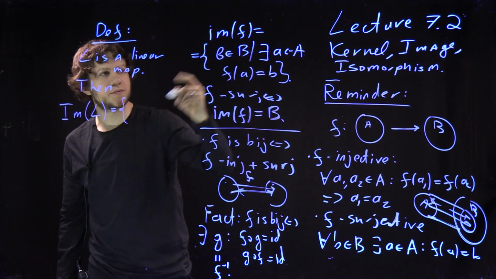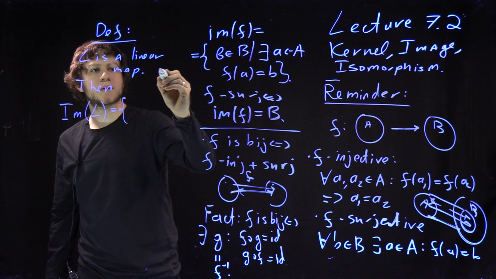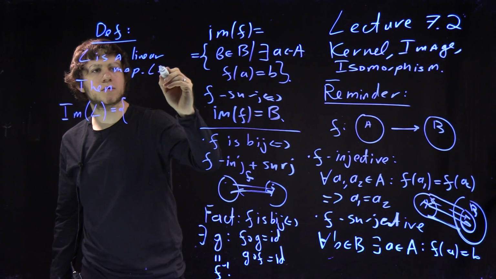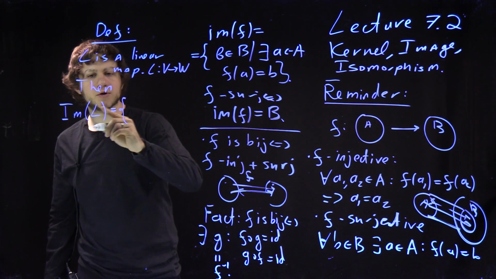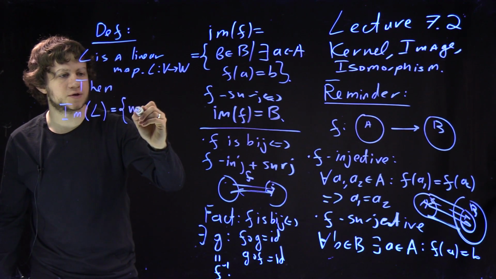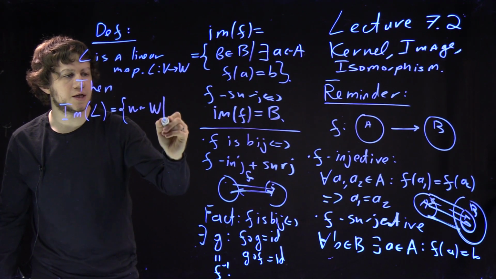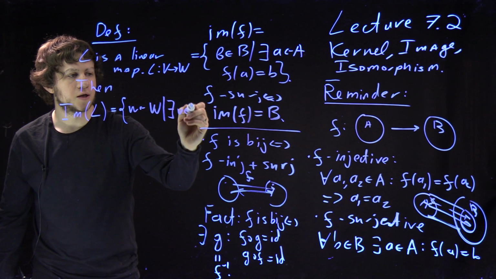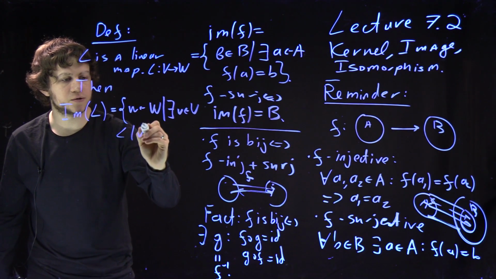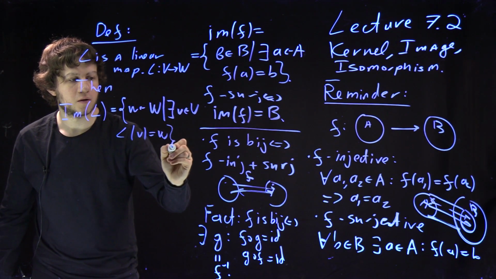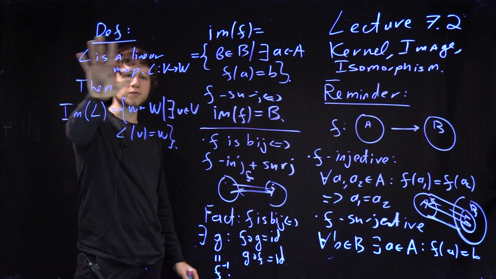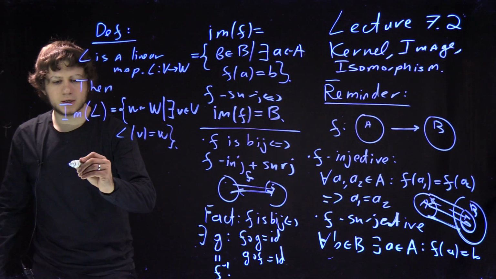Let me repeat the definition. L is a linear map from V to W. Then the image of L is the set of all vectors W in W such that there exists V in V with the property that L of V equals W.